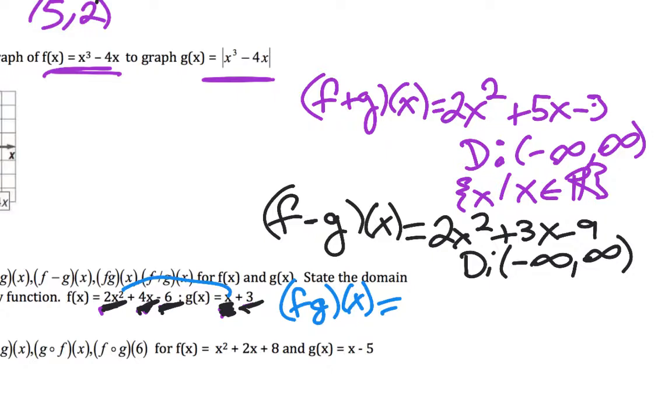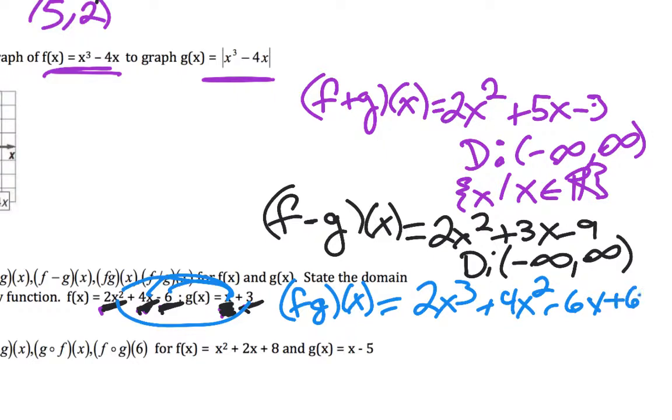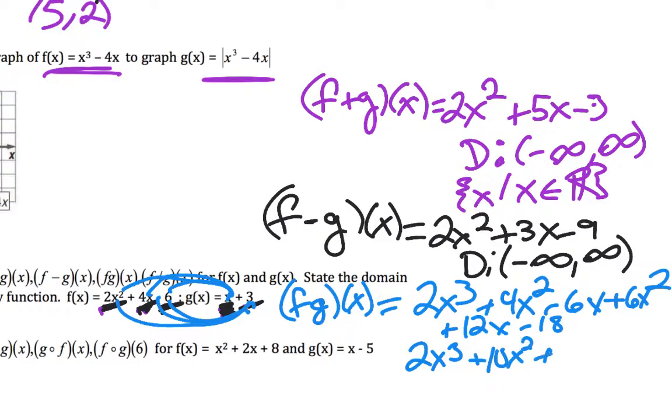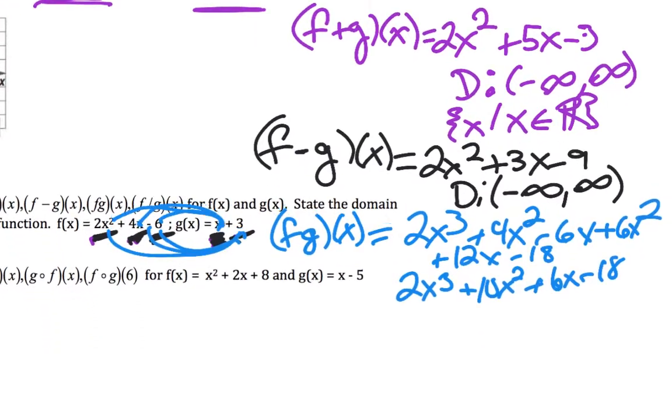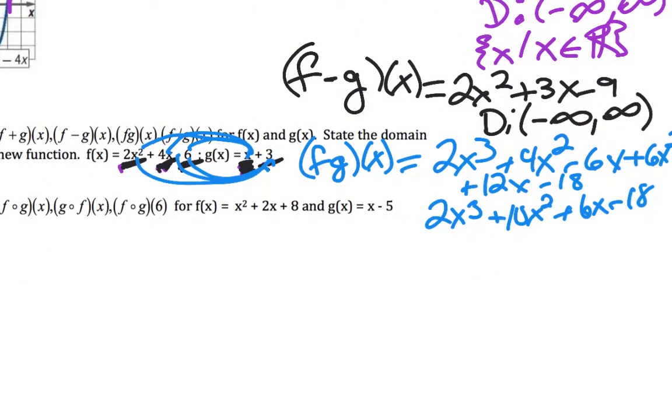So this is going to be a 2x cubed plus 4x squared minus 6x plus 6x squared plus 12x minus 18. Combining my like terms, I get a 2x cubed plus 10x squared plus 6x minus 18. Again, no denominators, no radicals, so my domain is all real numbers.